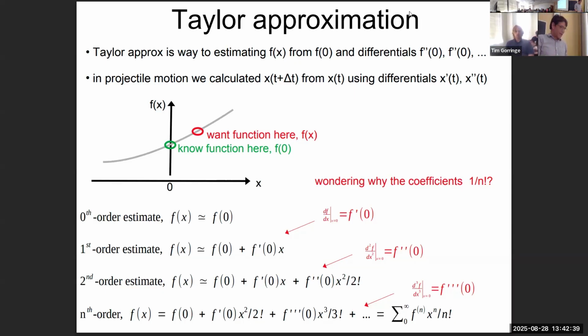Let's take a look at this line. The value of the function at x is the value of the function at the origin with a correction based on the slope, with a correction based on the slope of the slope, and so forth.